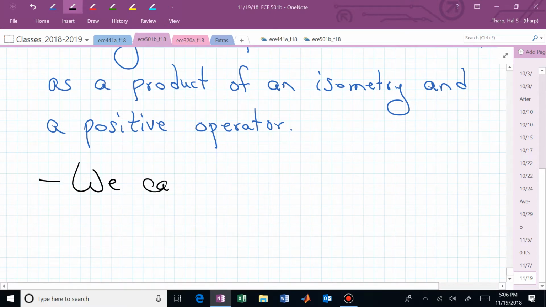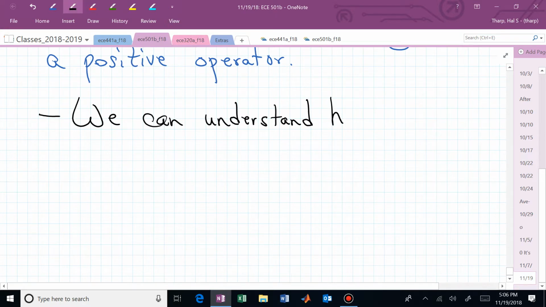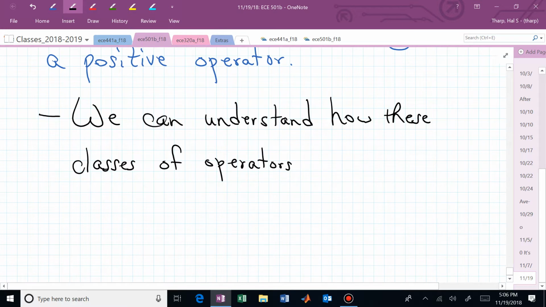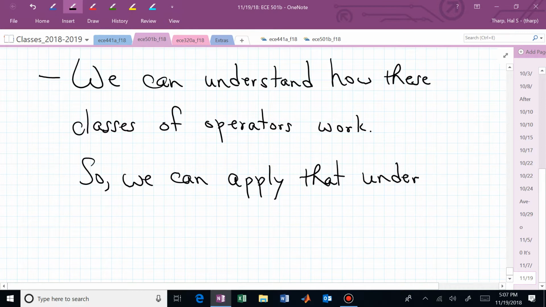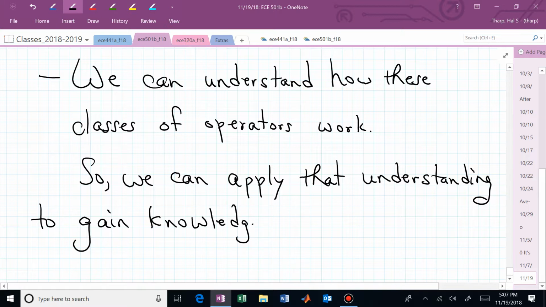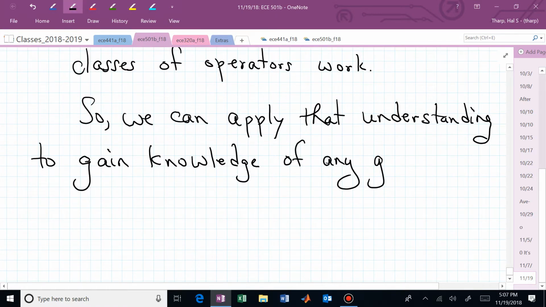So we can understand how these classes of operators work, and we can apply that understanding to gain knowledge of any general operators.